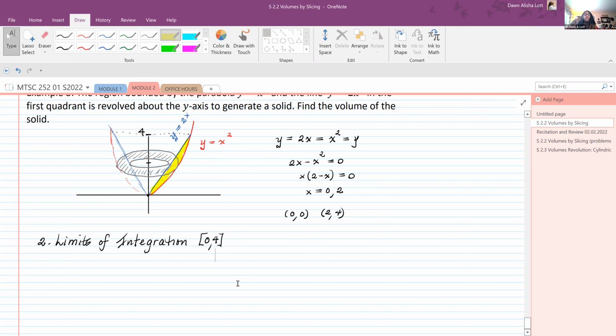Okay, so now the radius has to be a function of y. So it has to be a function of y, not a function of x. So that means I need to change this to x equals the square root of y. And I need to change this to x is equal to y over 2.